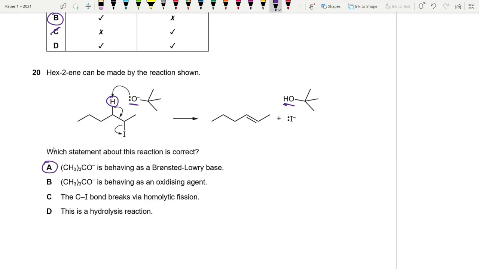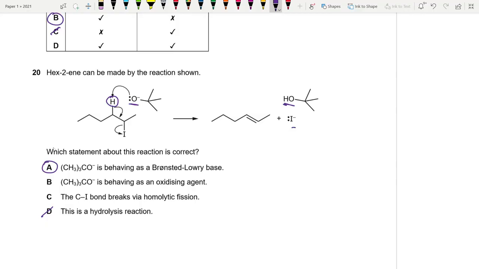By the way, it is not a hydrolysis reaction because water was not used to break any bonds. The C-I bond breaks via homolytic fission? No, no, no. It's actually heterolytic fission because we get this iodide, and it is behaving as an oxidizing agent?